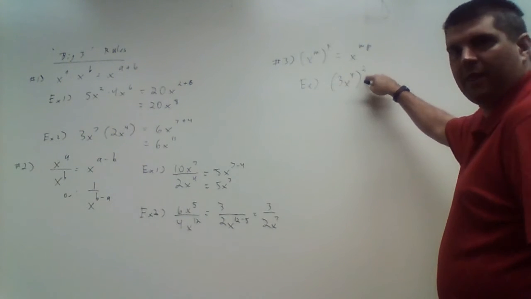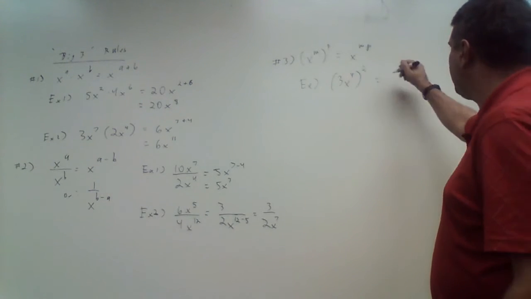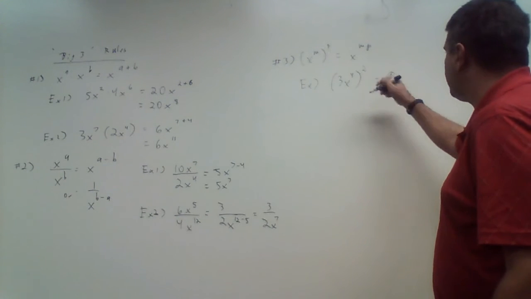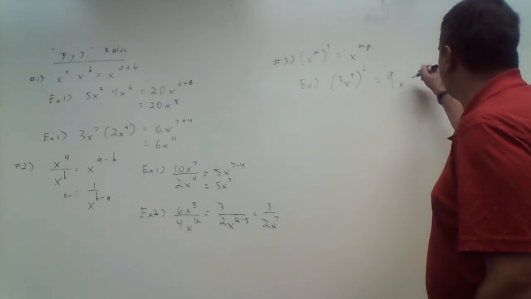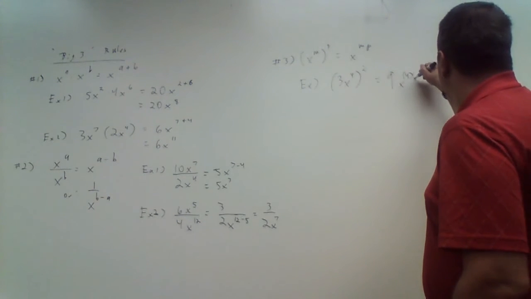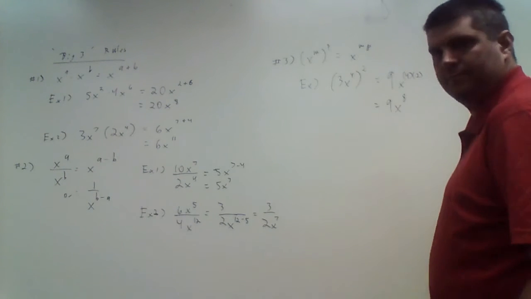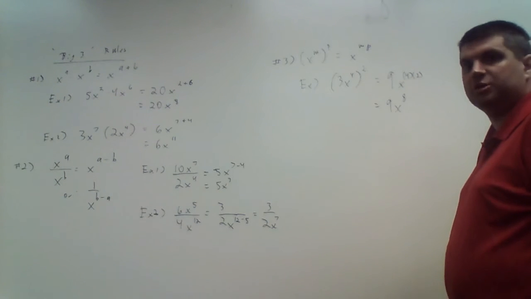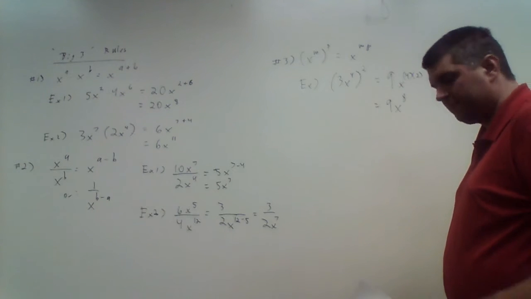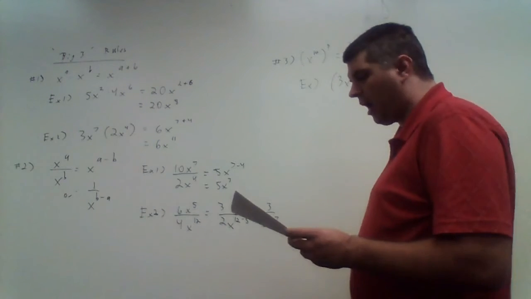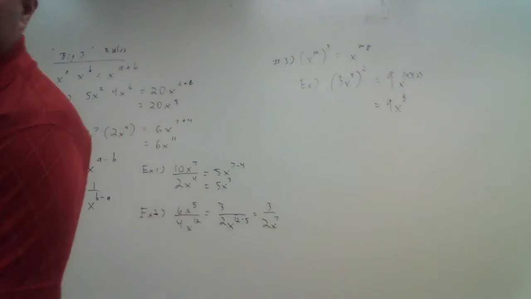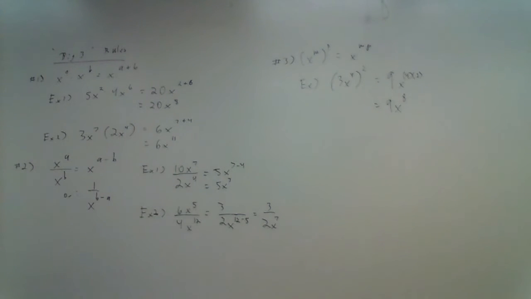You will square the 3 like normal, so you would get 9. 3 squared is 9. And you're going to take 2 times 4. And you would get 9x to the 8th. Okay, so those are the big 3 exponent rules. There are others, but those are the ones that are the most important for you to do. Okay?